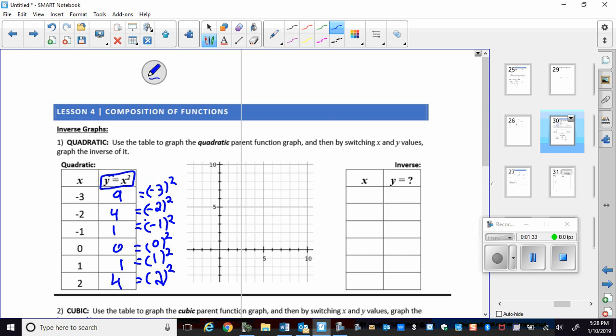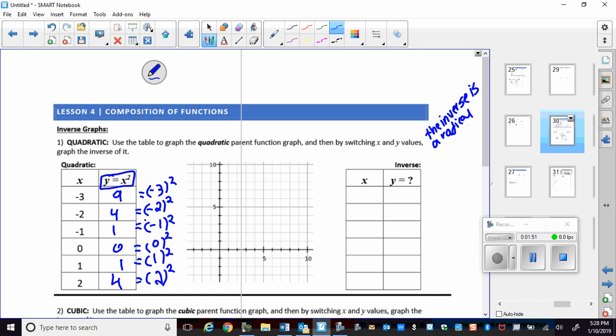What we're going to do is graph this quadratic. What we're going to find is that the inverse is a radical. It is a radical.